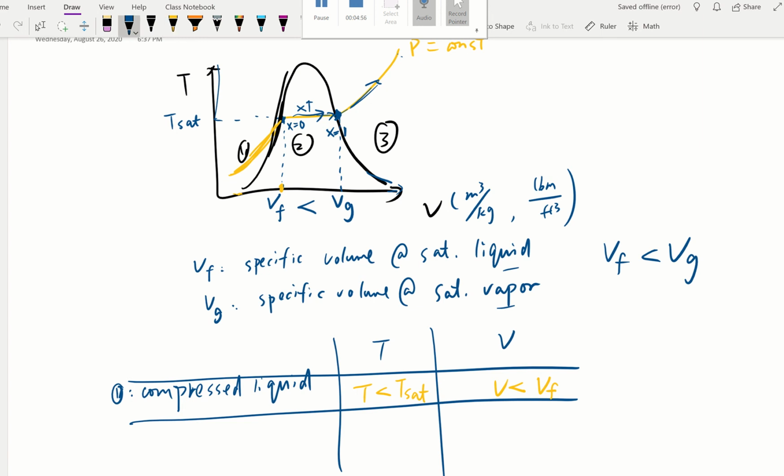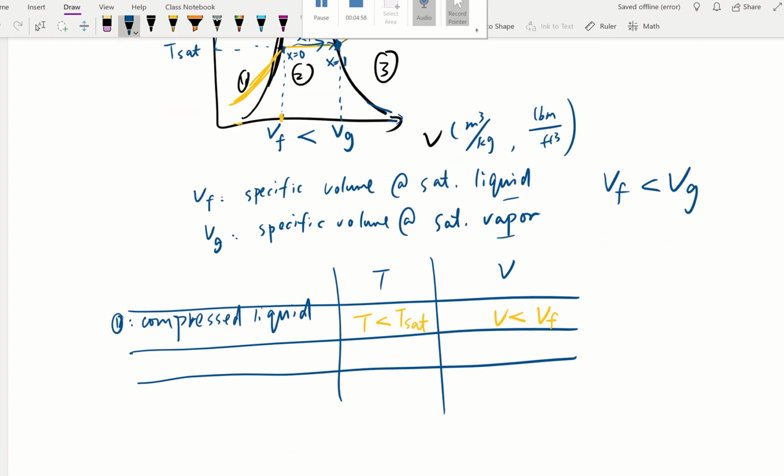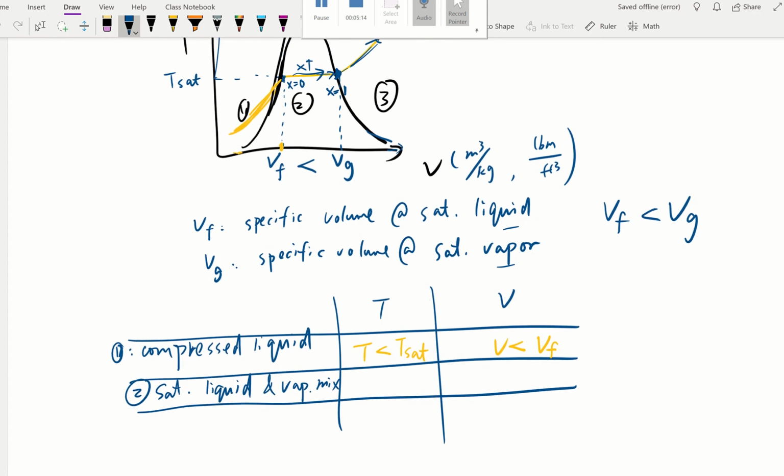Now we're going to look at another phase, which is our saturated liquid and vapor mixture. In that situation, what do we know about the temperature? Regardless of how much heat you're adding to it, the temperature stays at that boiling temperature, that saturated temperature.